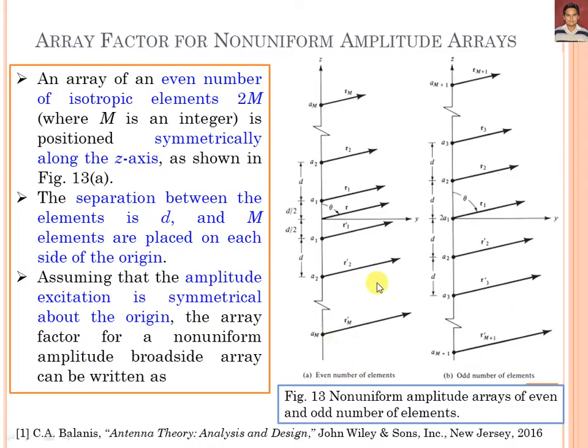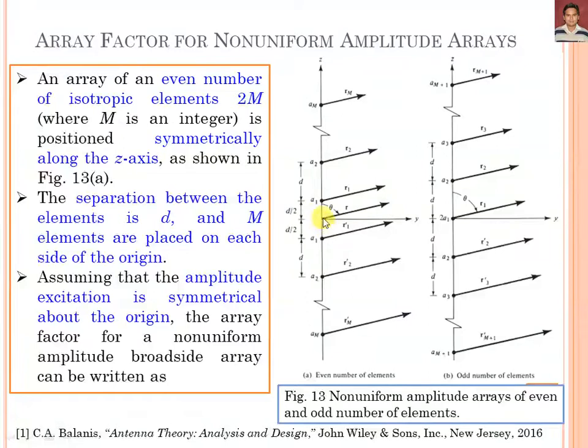Here we have considered a non-uniform amplitude array with an even and odd number of elements. Figure 13a represents the even number of elements and b represents the odd number of elements. Here you can see we have considered 2M isotropic elements.